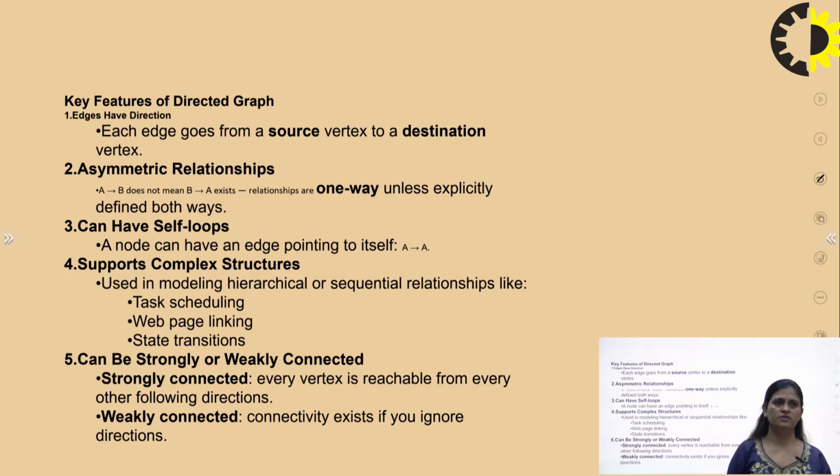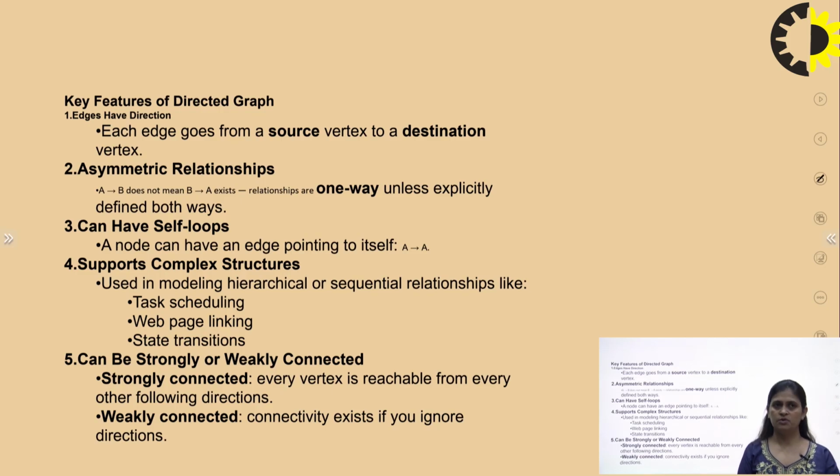Key features of a directed graph. First, edges have directions. All the edges in a directed graph must have directions.